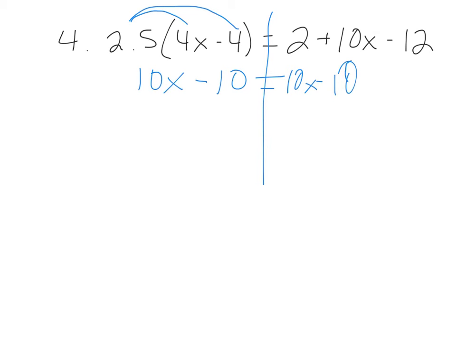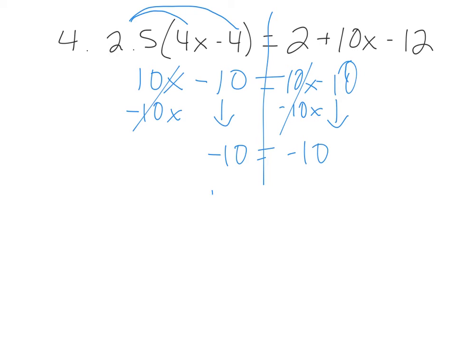So you could jump to the end and make the conclusion that this is an identity. If you want, go ahead and subtract your 10x first to get the variables gone, and then just drop our -10s to show that that's an identity as well. So again, this is an identity because it is a true statement.